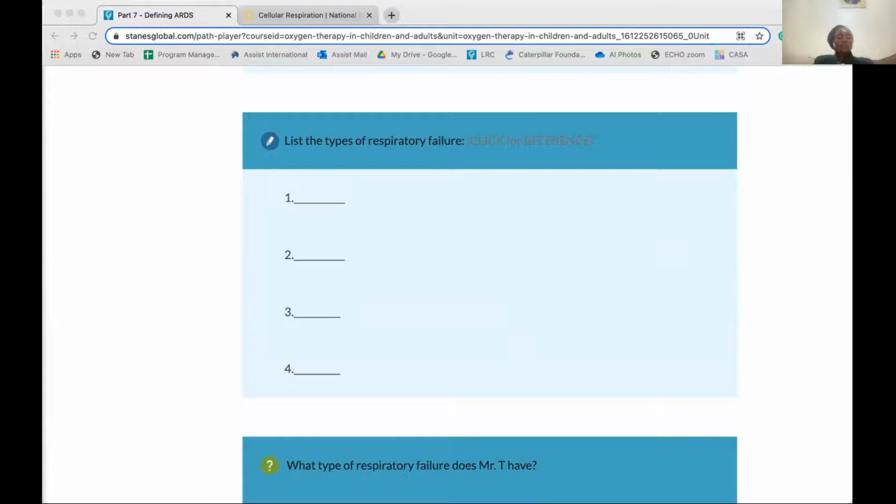This can be seen in patients who have acute pulmonary edema or acute lung injury, like in ARDS. Type 2 is whereby you have increased CO2. You have PCO2, partial pressure of carbon dioxide, more than 50 millimeters of mercury. So here you're looking at the levels of CO2. It can happen in patients who are asthmatic or have long-standing COPD, whereby they're retaining a lot of CO2 in their system.